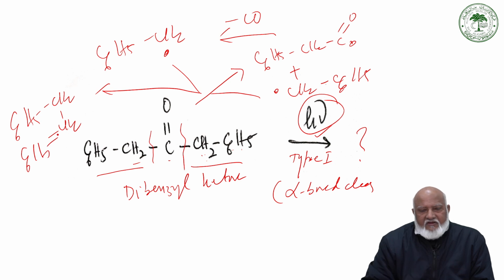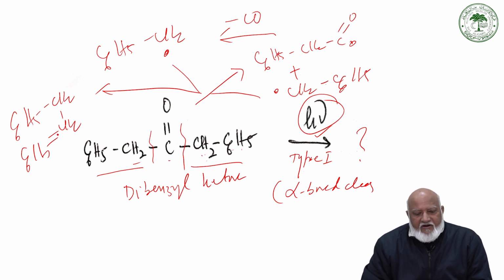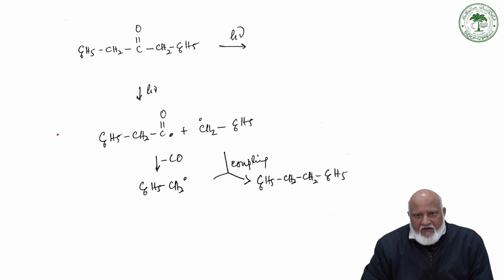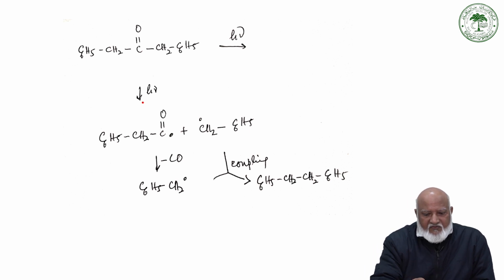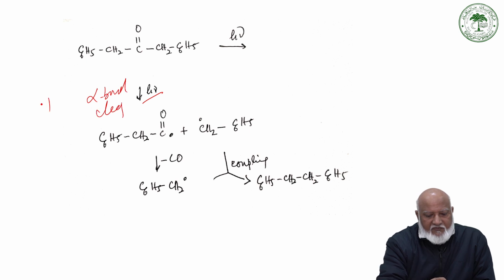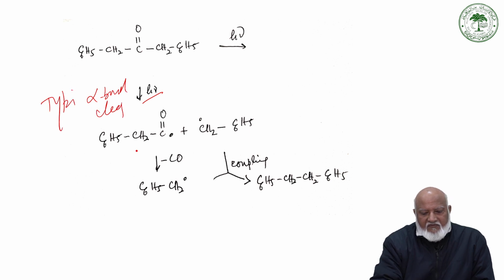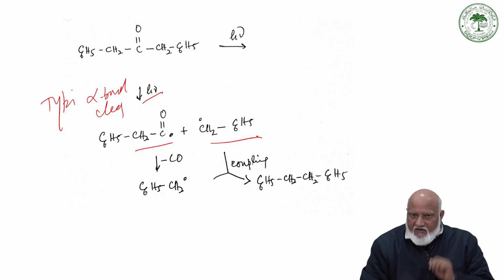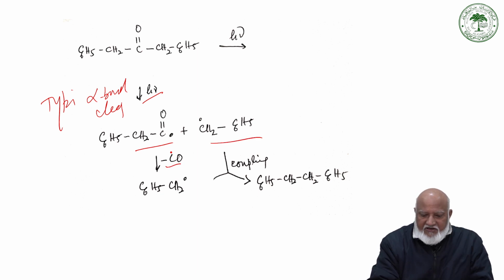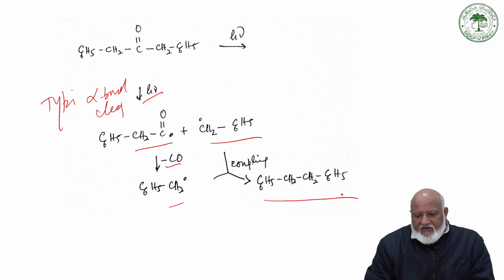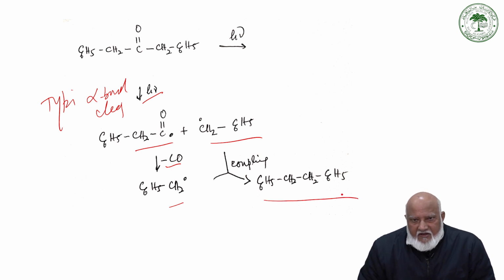So this is one of the photo products in this case. The same thing has been shown here: alpha bond cleavage, type 1, gives this diradical species, decarbonylation of this acyl radical gives this, and then coupling of these two gives this product.